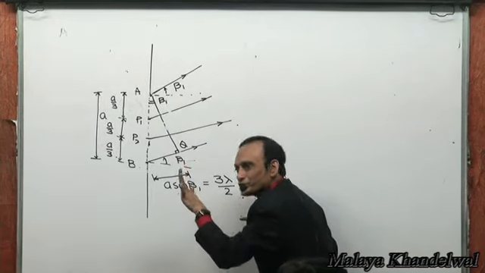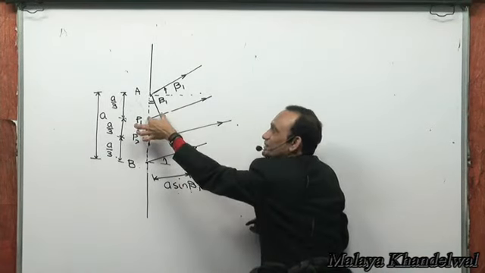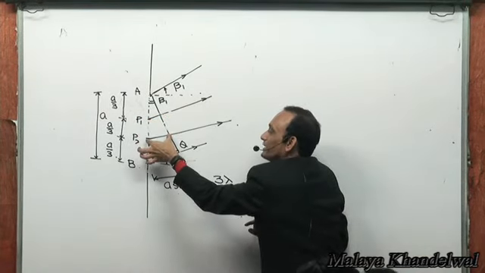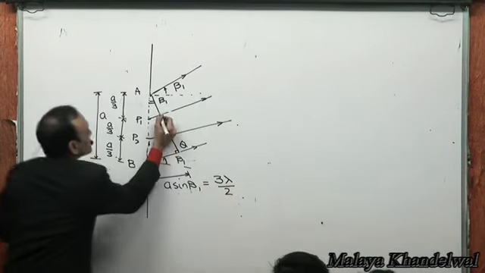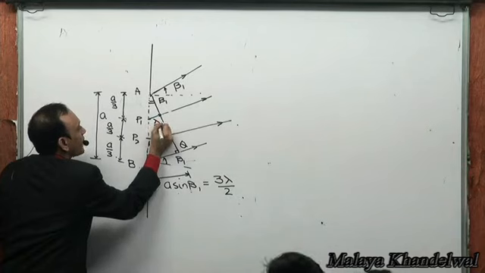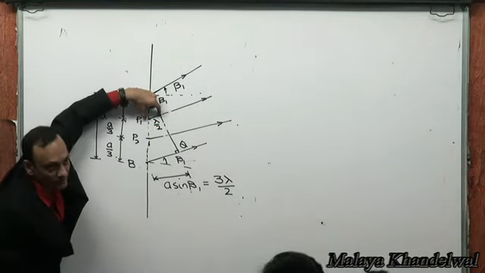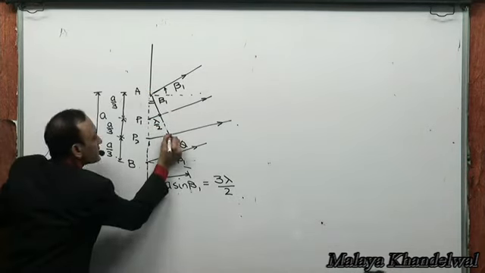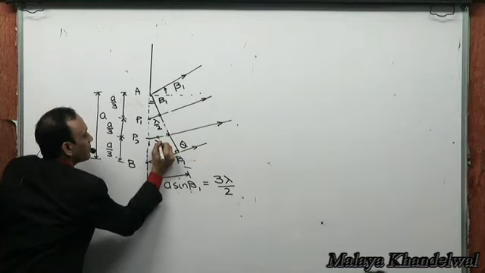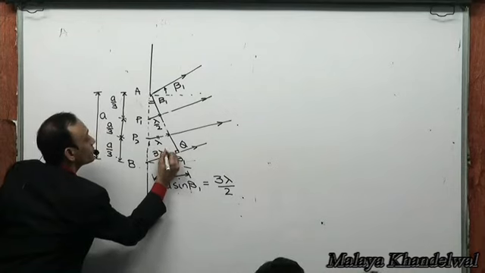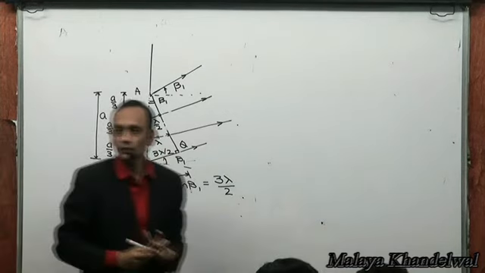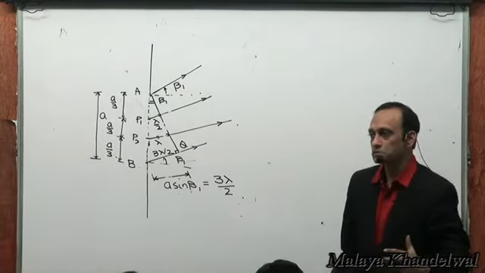Then again, from the proportionality theorem, do you realize this will be lambda by 2, this will be lambda, and this will be 3 lambda by 2? Yes or no? That means this length is lambda by 2, this length is lambda, and this length is 3 lambda by 2. Yes or no? Do you all understand this?